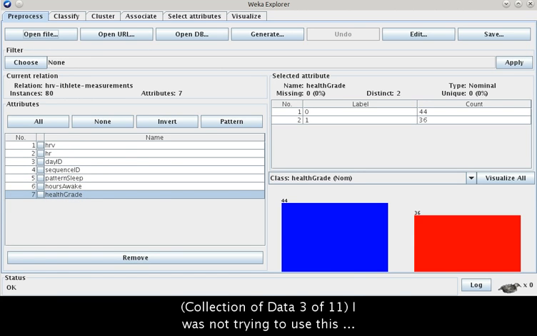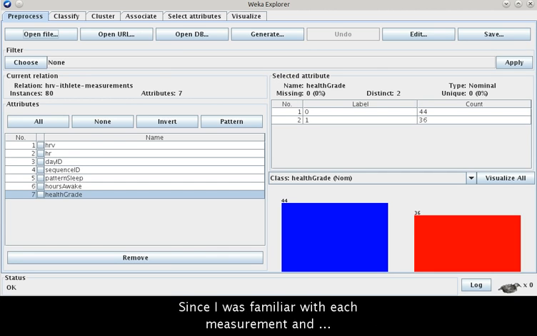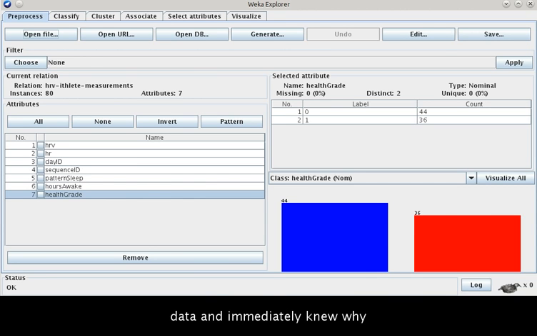I was not trying to use this data set in Weka to discover useful knowledge. I chose this data set because I collected it. I had already studied it from many angles, and since I was familiar with each measurement and metric, it helped my Weka learning curve. For example, a seemingly simple variable confused the J48 decision tree algorithm, but I knew the data and immediately knew why.